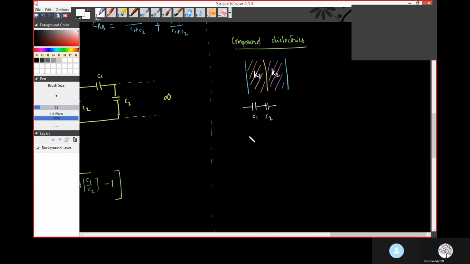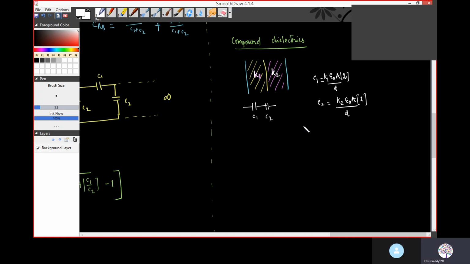C1 is equal to K1 epsilon naught A by D by 2. Then C2 is equal to K2 epsilon naught A by D by 2.